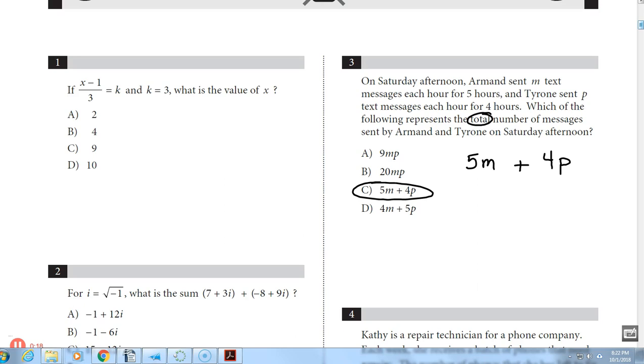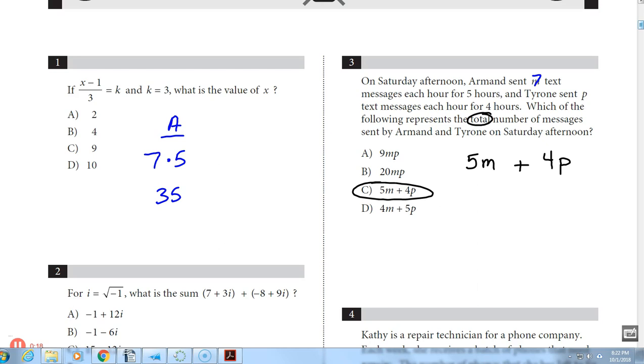Think about how many text messages maybe you send each hour. So maybe you send 7 text messages per hour. If you think about Armand, if he sends 7 texts per hour times 5 hours, that means he sent 35 texts.